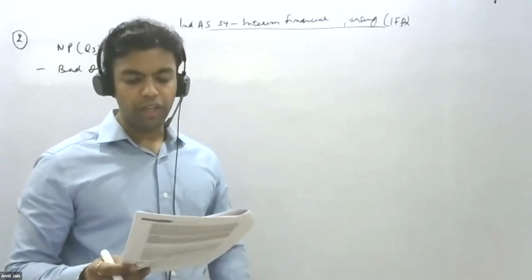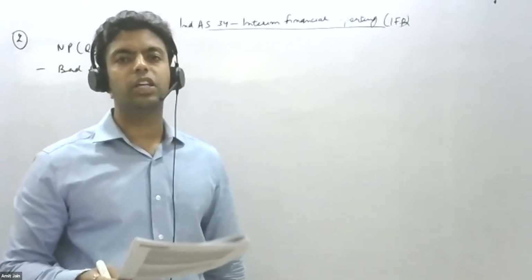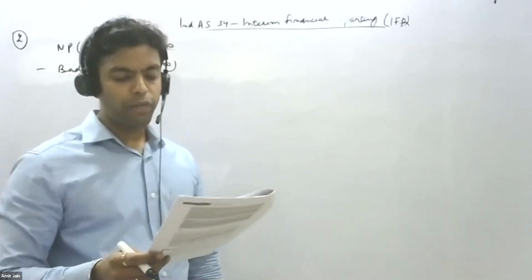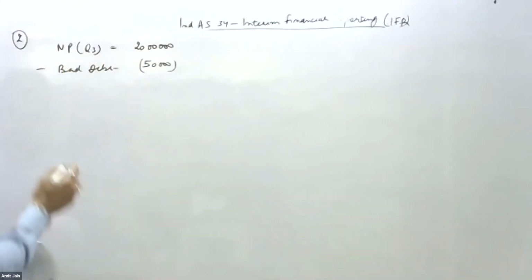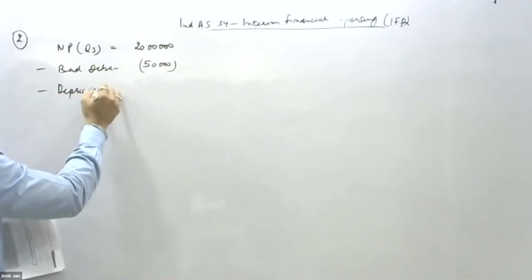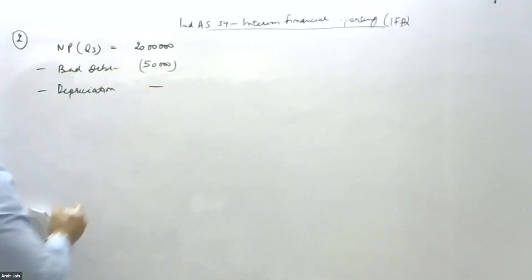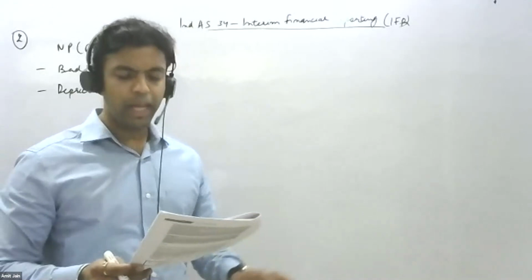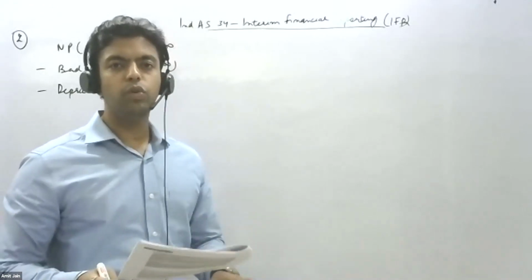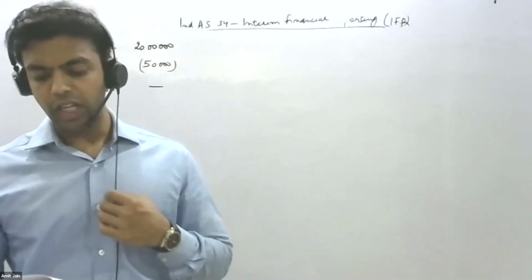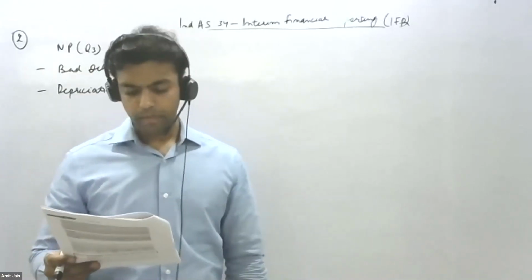Because this 4,50,000 rupees has already been adjusted while computing the profit of 20 lakh rupees, right? So in respect of the depreciation, I will not add or deduct anything, right? Because this is correct. That means the management has taken the correct view or correct decision in respect of accounting for the additional charge of depreciation.